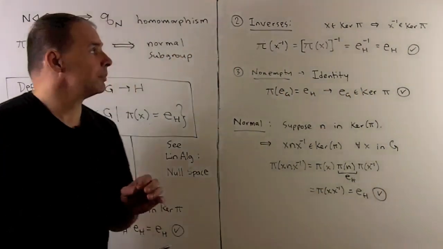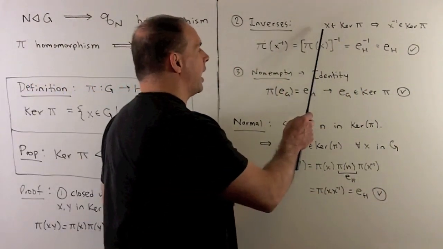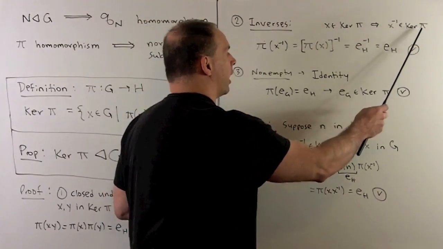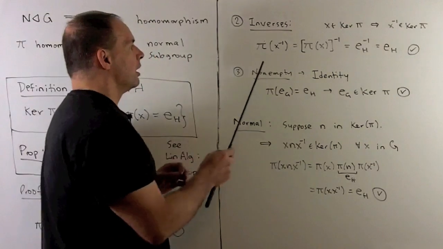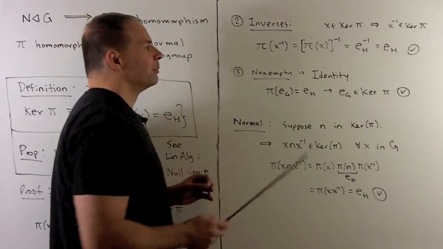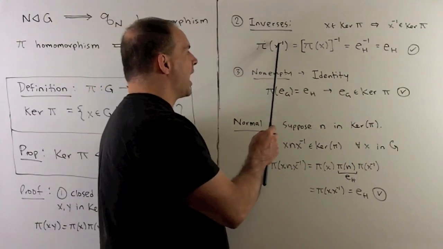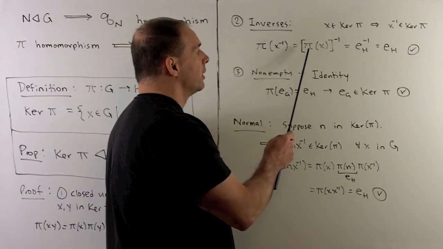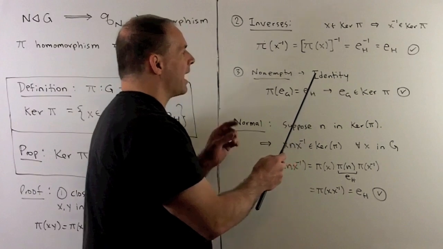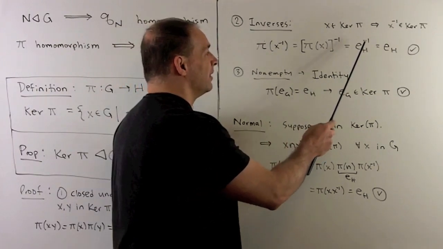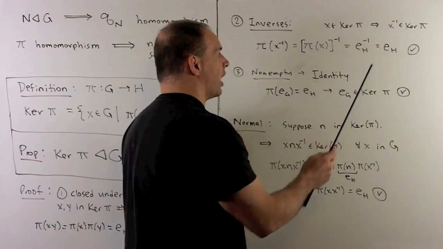For inverses, if x is in the kernel of pi, we want to show that x inverse is also in there. So if I apply pi to x inverse, by 2 from the previous board, we can factor the inverse sign to the outside of the homomorphism. So we have pi of x inverse, but now pi of x is equal to the identity in H. The inverse of the identity element is just itself.